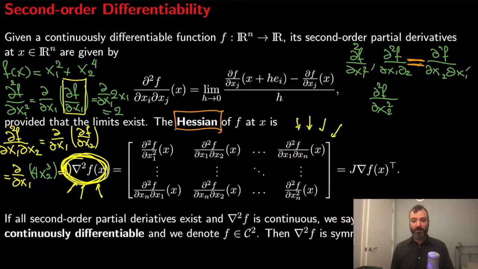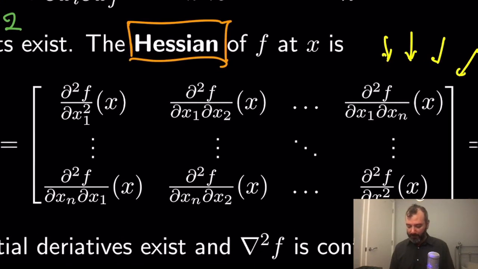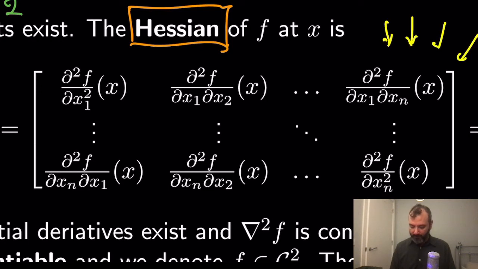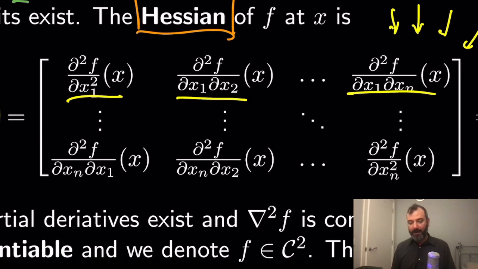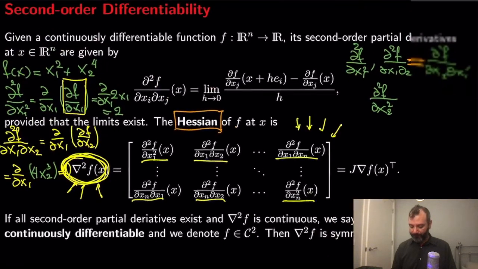A matrix that contains what? All possible second order derivatives of my function, namely the derivative of f with respect to x1, x1 and x2, and so on, x2, x1 and xn.